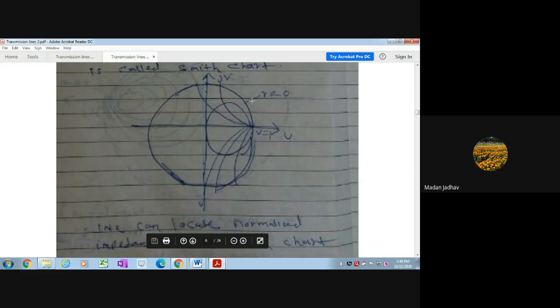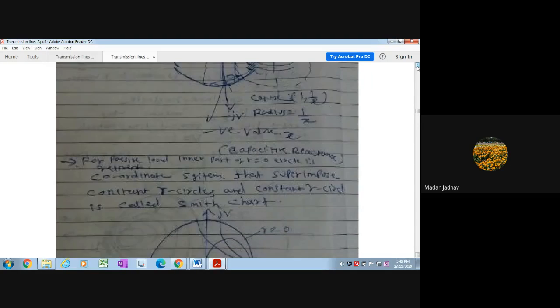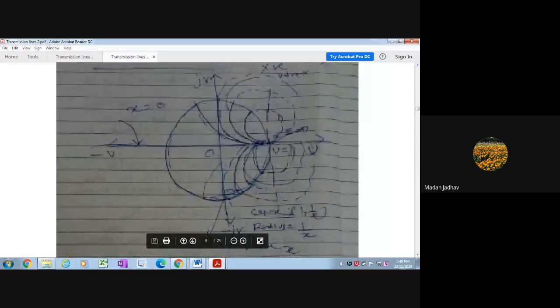Here we have shown the R equal to 0 circle, and this is the X equal to infinity circle for reactance.